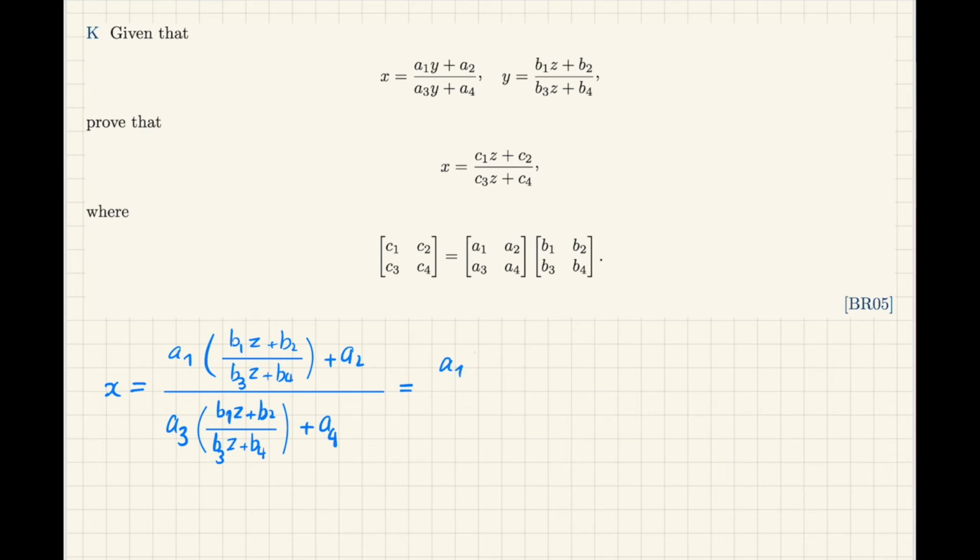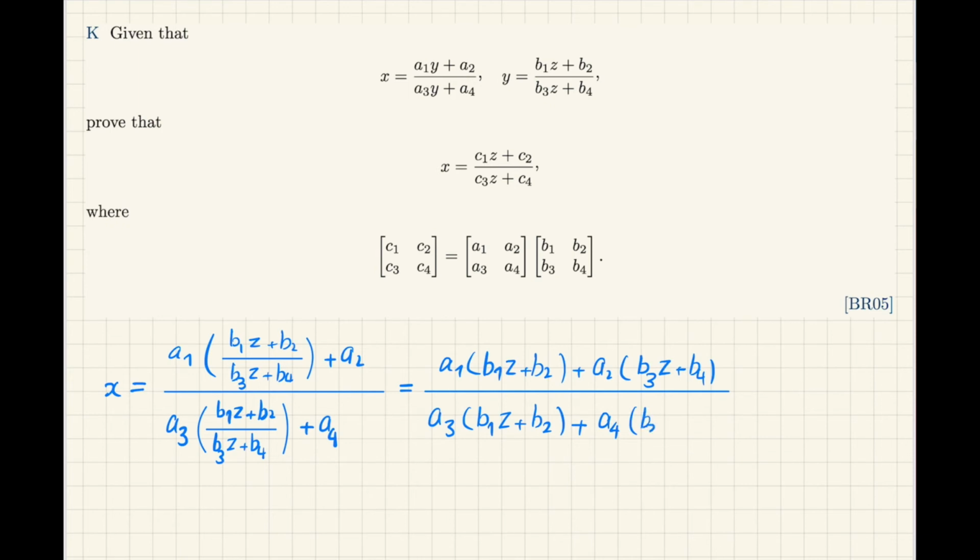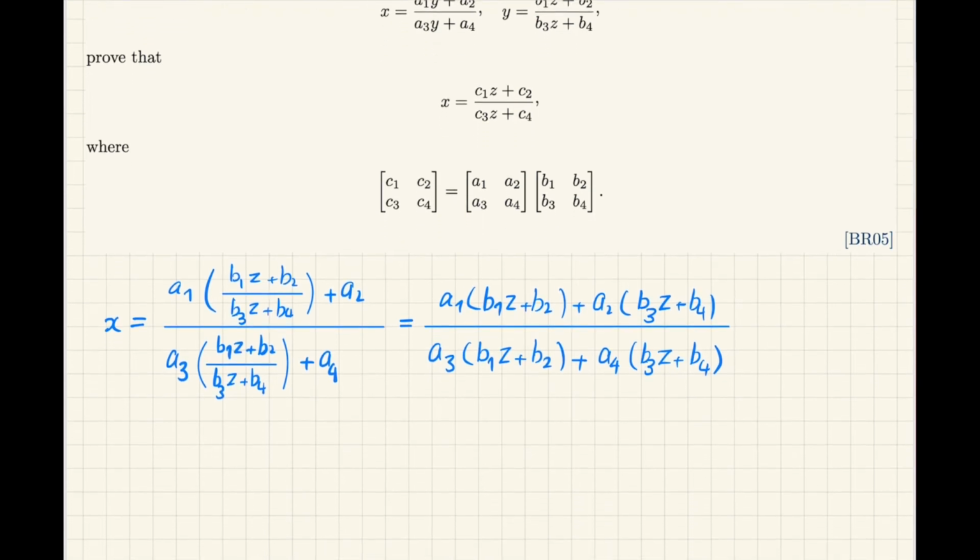It becomes a1 times b1z plus b2, then I will have a2 times b3z plus b4, and in the denominator I will have a3 times b1z plus b2, and then I will have a4 times b3z plus b4. Yes? Okay, now you see that I have my connection.